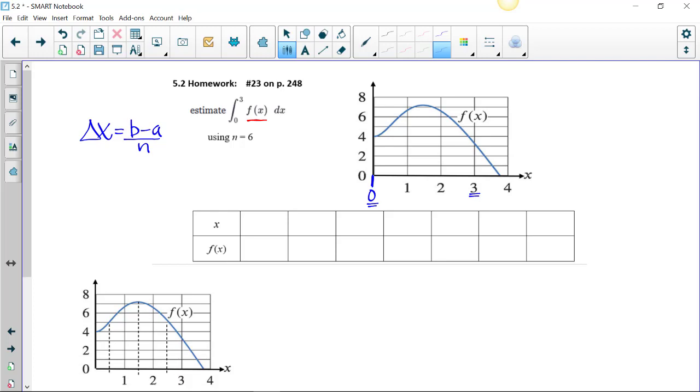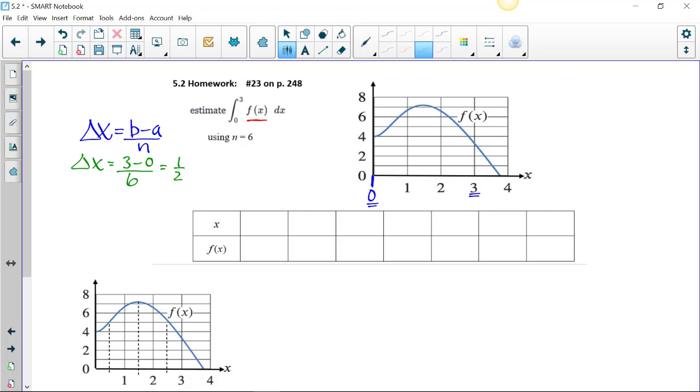My width is going to be 3 minus 0, divided up into 6 rectangles, which comes out to be 1/2 or 0.5.